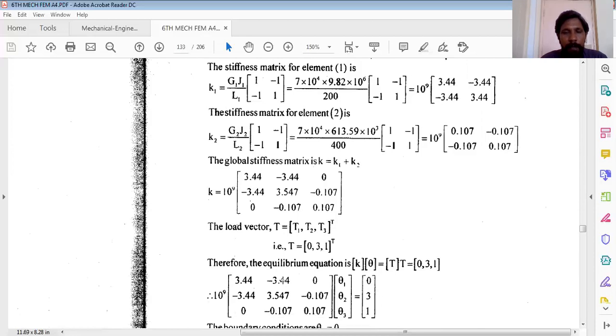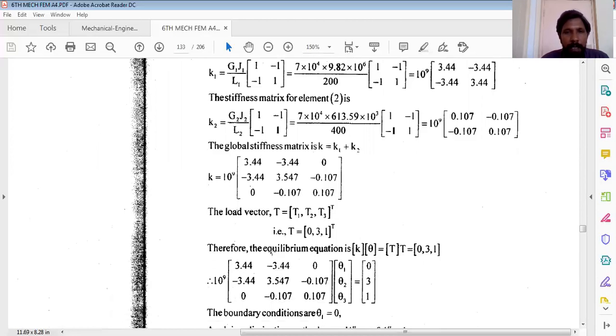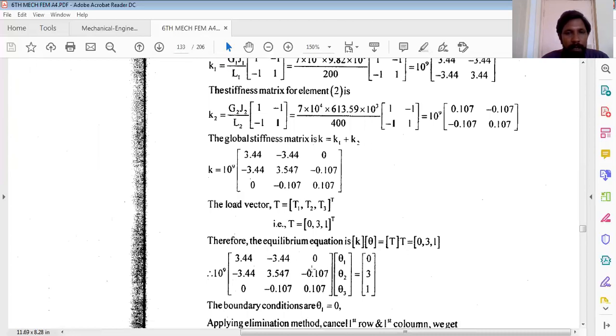The next step is the formulation of the overall equilibrium equation, that is K into theta is equal to T, where K is the global stiffness matrix corresponding to the stepped shaft, theta is the global displacement vector in terms of angle of twist, and T is the global load vector in terms of torque.